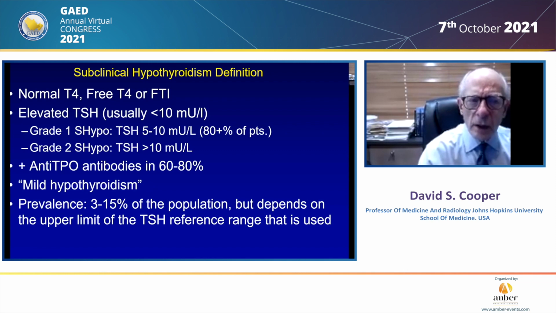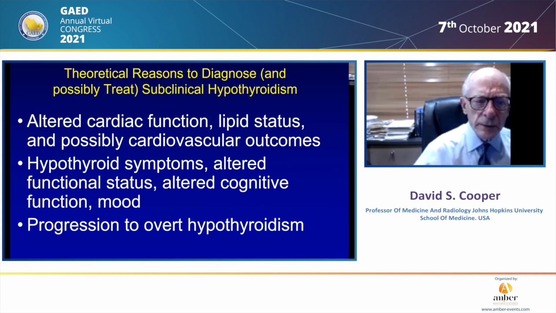This is a very, very common scenario. Up to 3 to 15% of the population have this, but of course, the prevalence of this depends on the upper limit of the TSH reference range that is used. And if you use a level of 4 or 5 or 6 in a very elderly group of people, the prevalence of true subclinical hypothyroidism is going to be less.